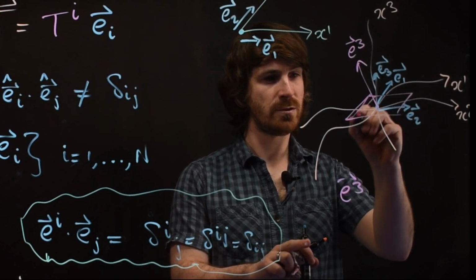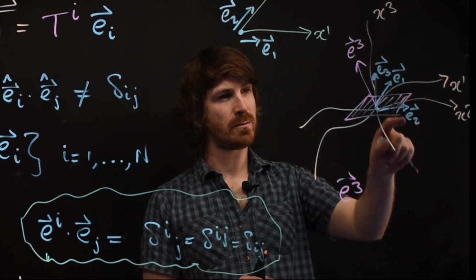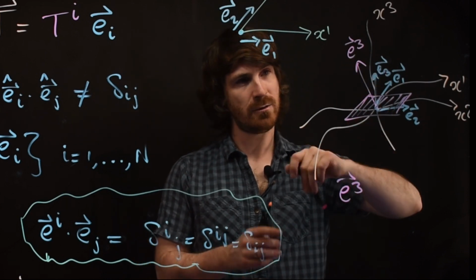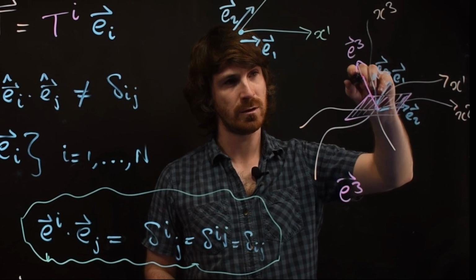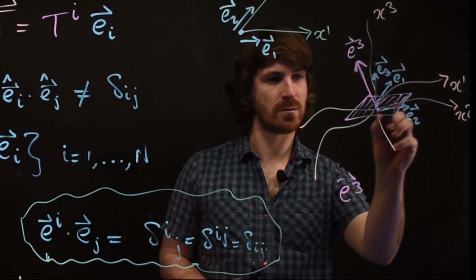So there's some surface that the vectors e_2 and e_1 live in, and this dual basis vector e^3 is perpendicular to this coordinate surface. Here's our surface.